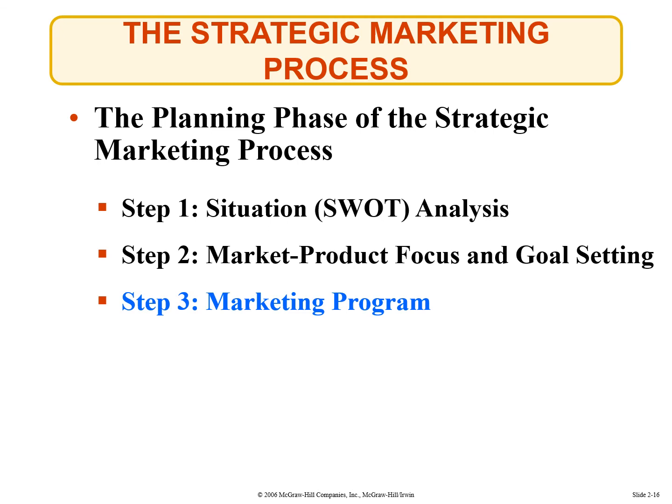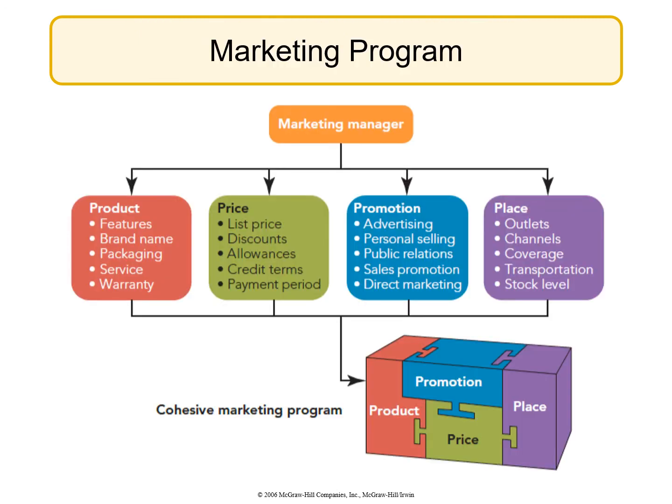Once you're done with that, your step number 3 is to look at the marketing program. What is a marketing program? Remember the marketing mix elements, the 4 elements or components of marketing mix: product, price, place, and promotion.